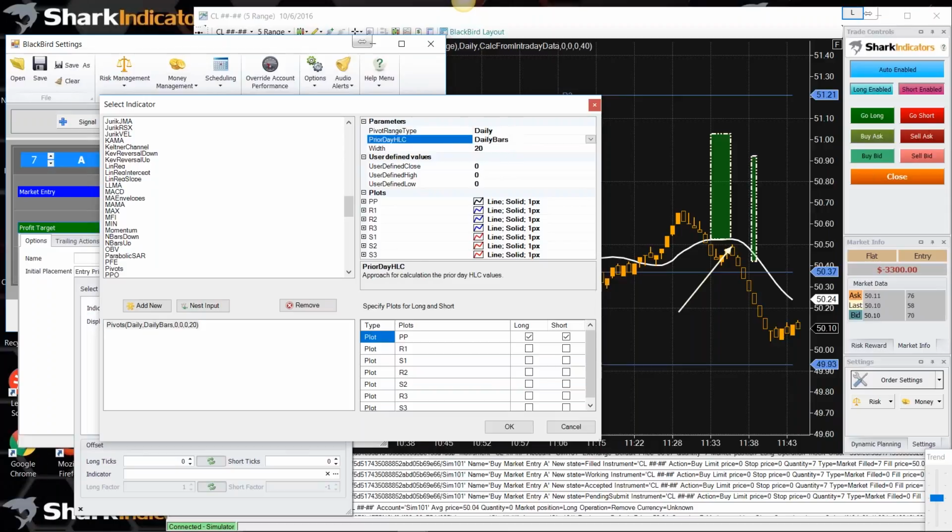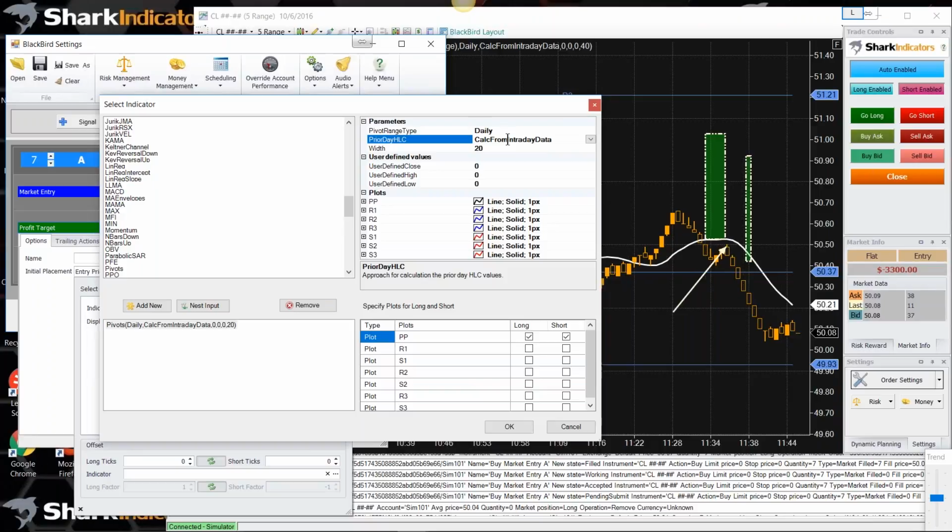Just a quick little note, there's a NinjaTrader bug, so you can't use the pivots indicator within a strategy using daily bars. So they've got a little note up on their support forum why that doesn't work, but it doesn't work in Ninja 7. So you have to use calculate from intraday bars, right, when you're using their indicator within a strategy.